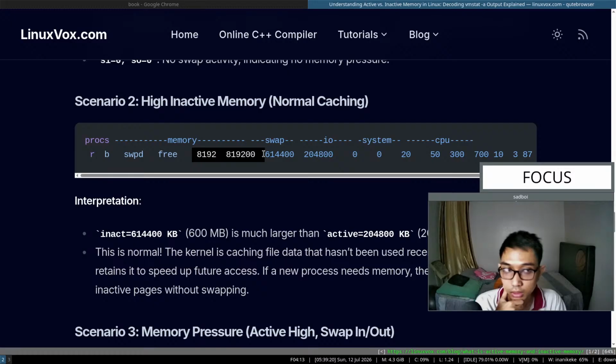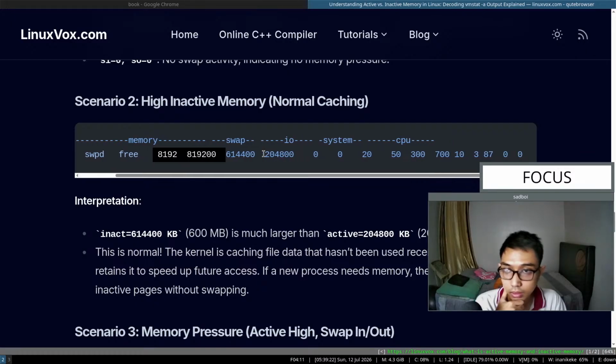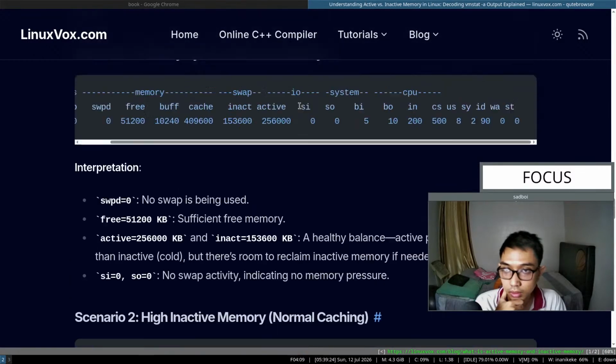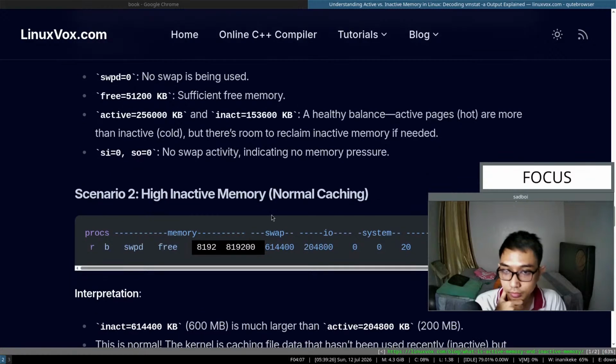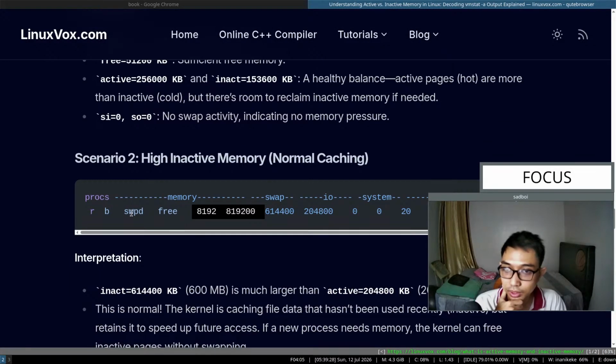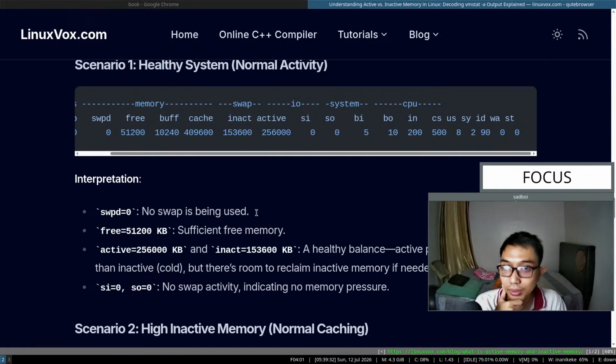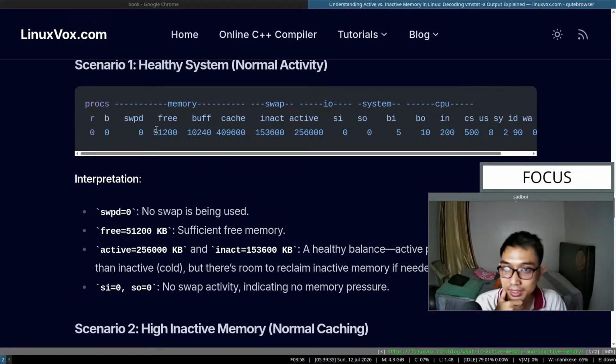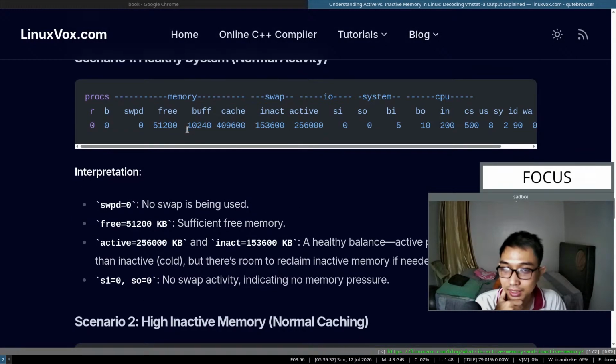Wait a minute. Why is this confusing? Okay. See, this is supposed to be the header, right?